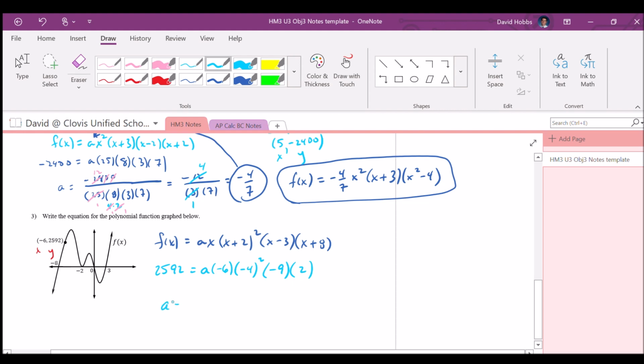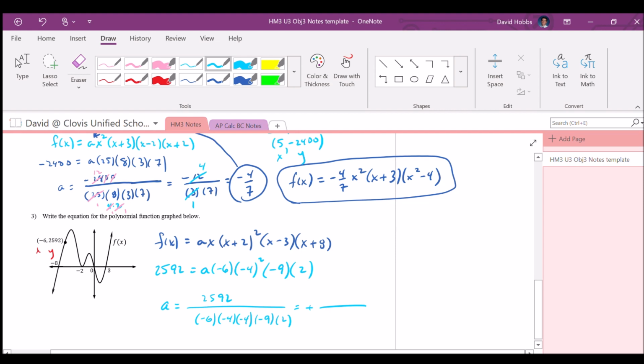So a is 2592 over, okay, so we've got negative 6, negative 4, I'm going to write that separately, negative 4, negative 9, and 2. Now, let's just take care of the plus or minus of it here first. See how there's 4 negatives in the denominator, so we know it's going to be positive.